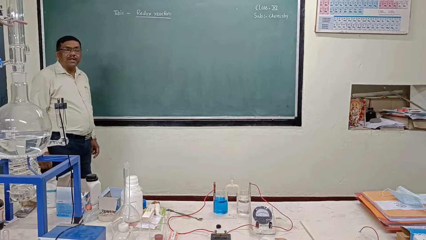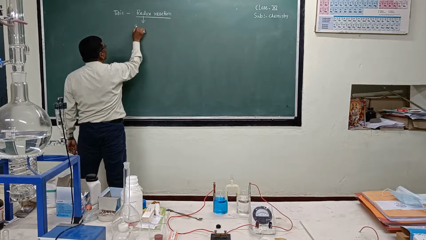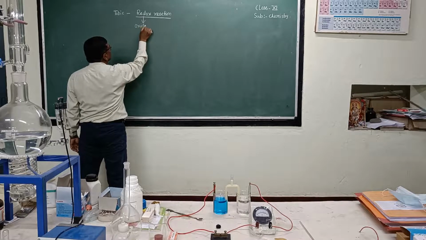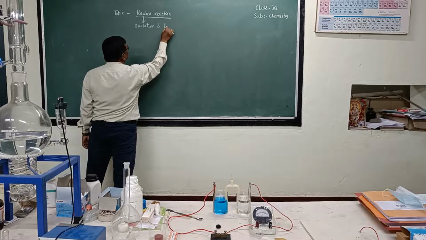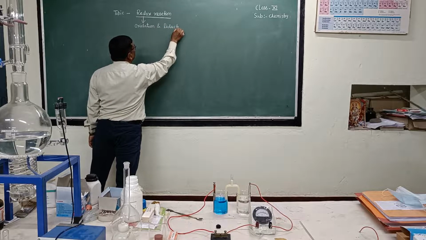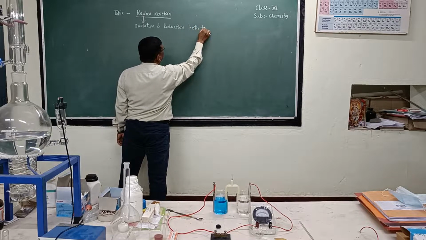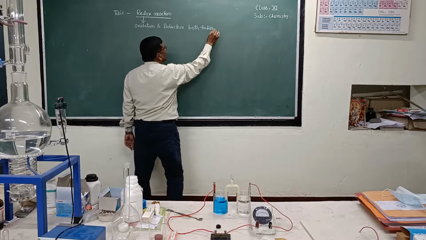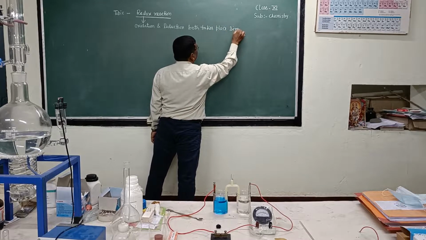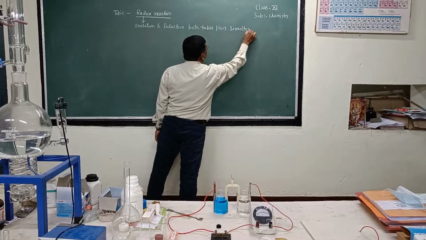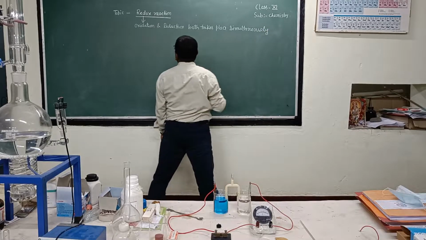So now let us see one example. Redox reactions means oxidation and reduction. Oxidation and reduction both take place simultaneously, and this is called redox reactions.